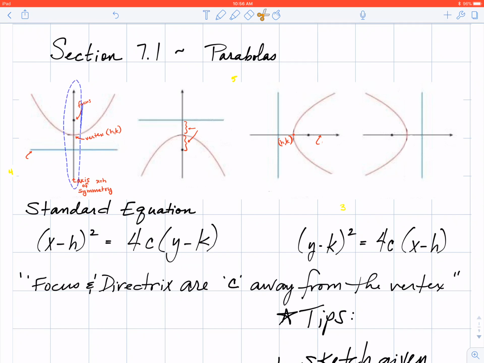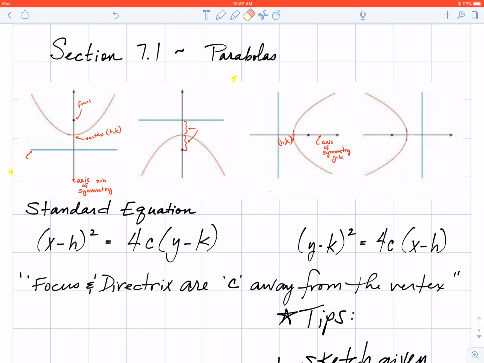In this case, it's a vertical line, so it'll be x equals h because it's going right through the vertex at h. However, over on my concave right parabola, my axis of symmetry is horizontal, so that axis of symmetry will be y equals, because horizontal lines are y equals a number, y equals my k value. So that's the axis of symmetry. It cuts the parabola exactly in half.